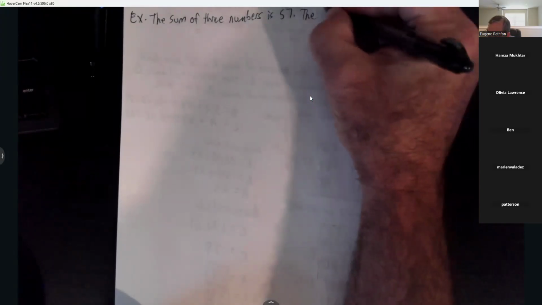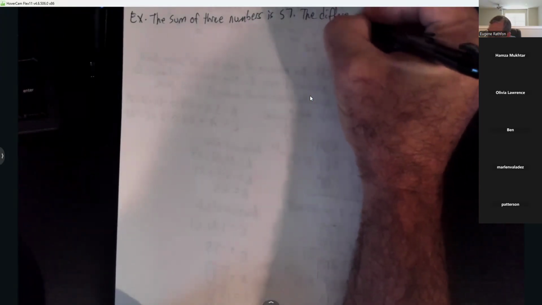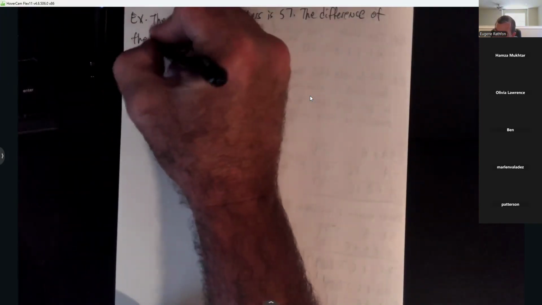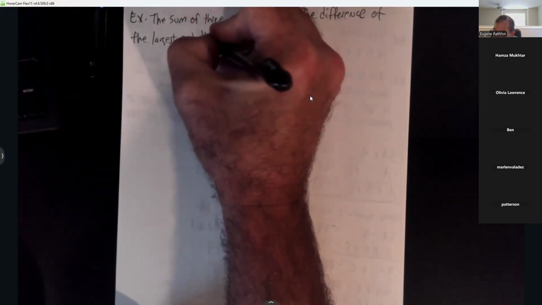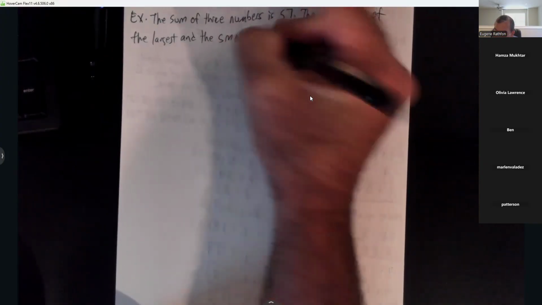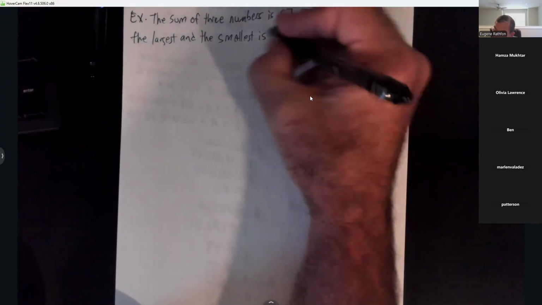Then it says the difference of the largest and the smallest is 52.